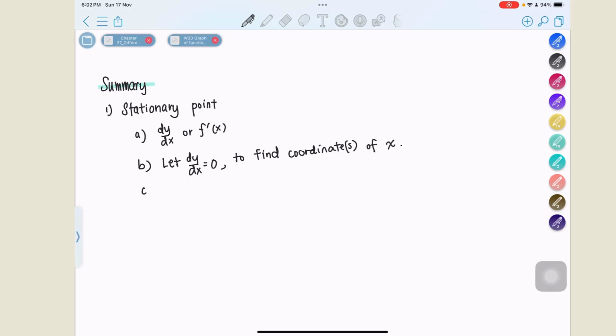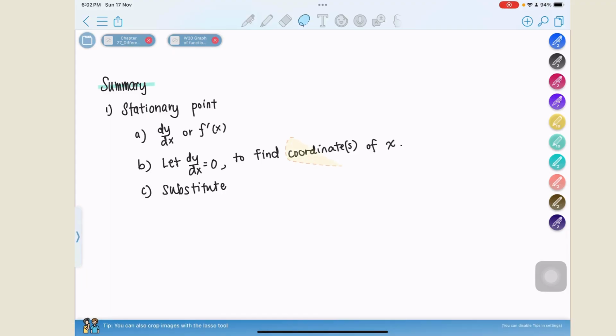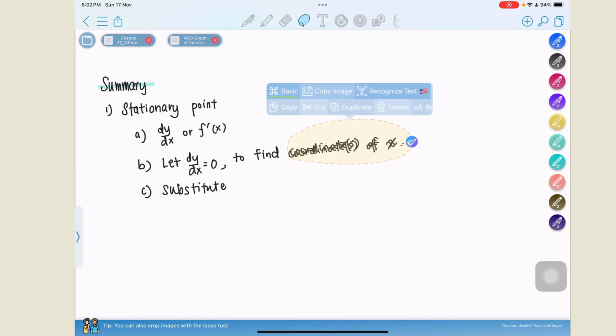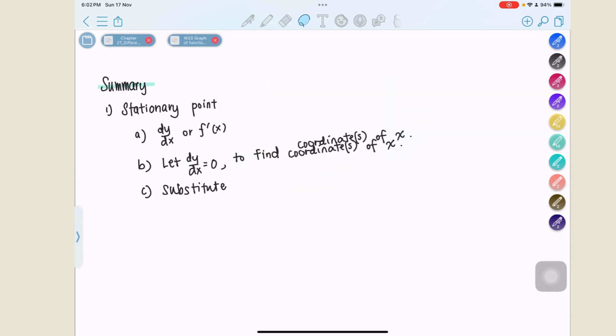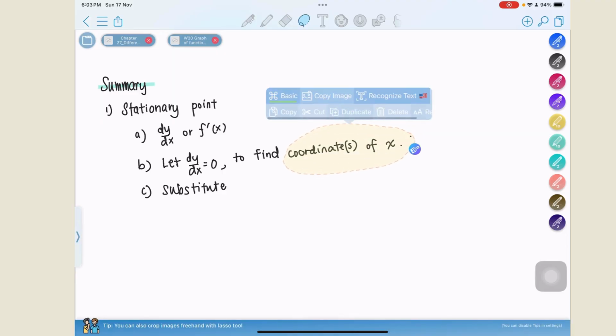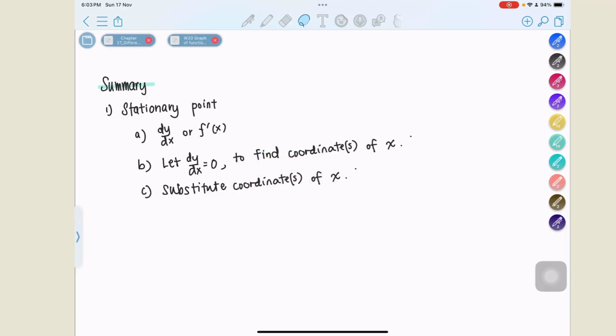After that, C, we have to substitute our coordinate of x into the equation, either y or f(x).